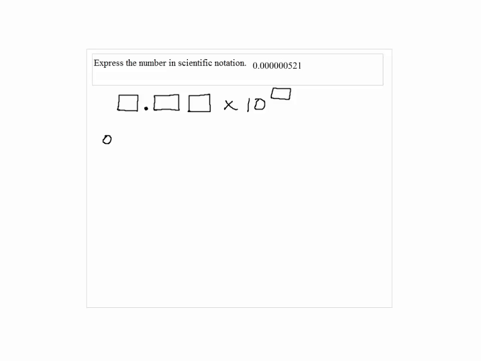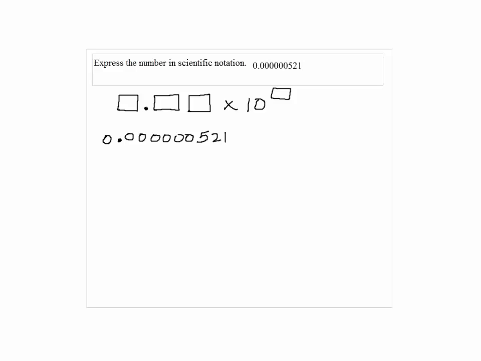In this case, our decimal point, and 1, 2, 3, 4, 5, 6 zeros here. The decimal point is right before the 6 zeros, followed by 5 2 1.